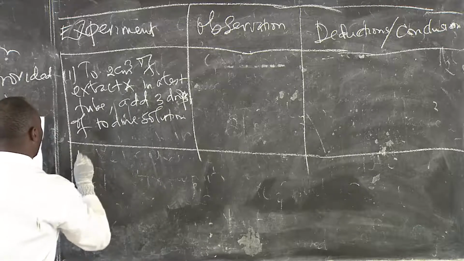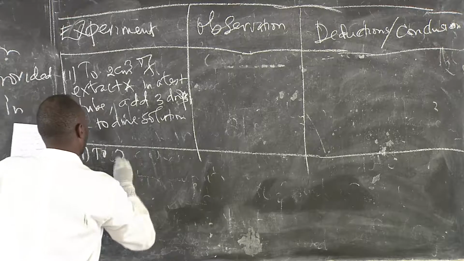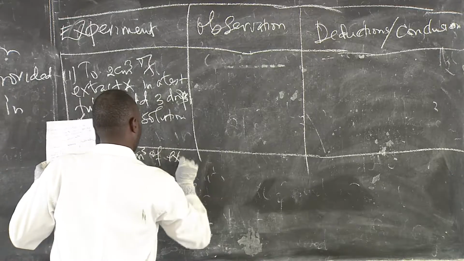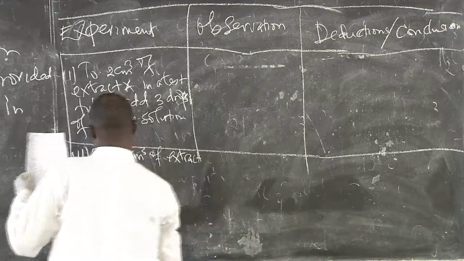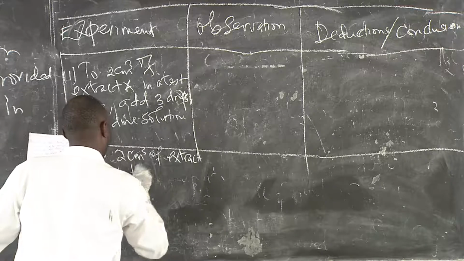Question 2, 1 to 2 centimeters cubed of extract A in a test tube.